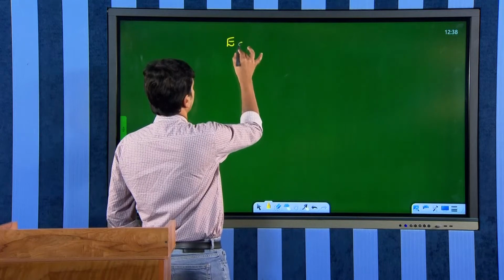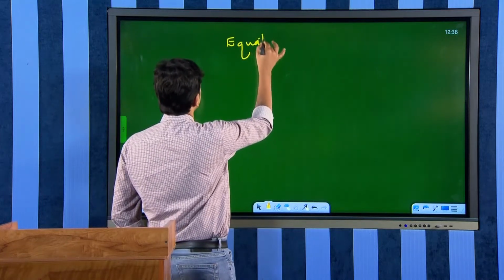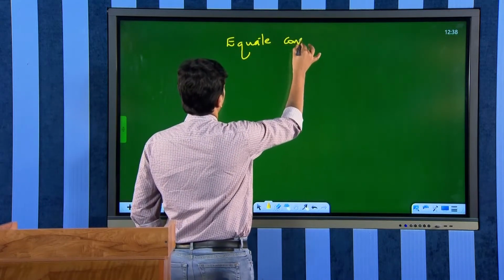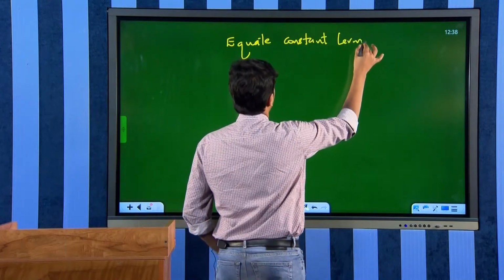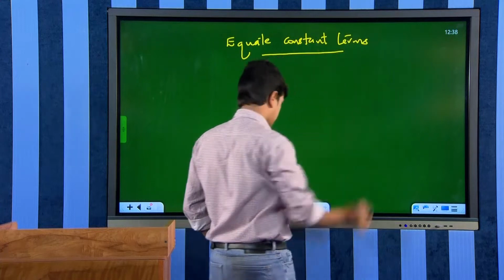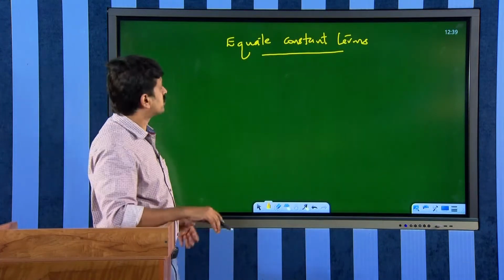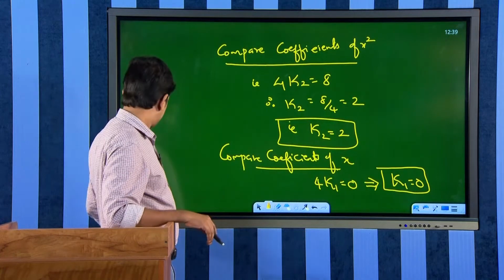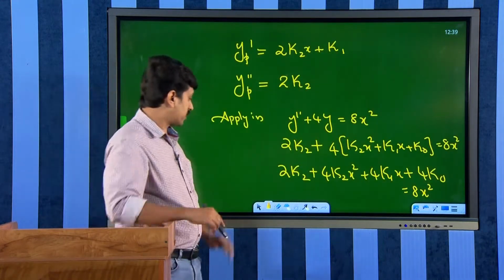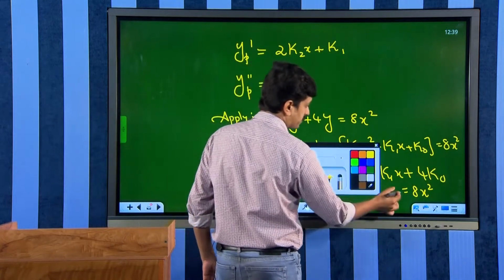Now finally, equate the constant terms. While equating the constant terms, on the left the constants are 2k2 and 4k naught.